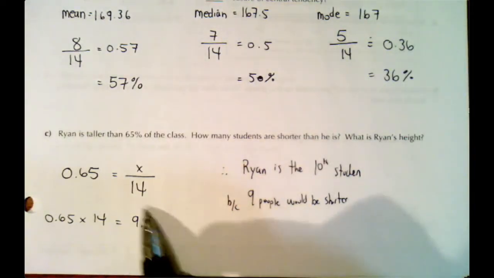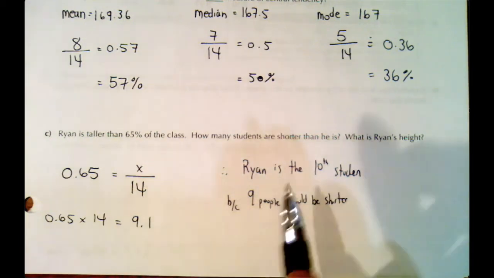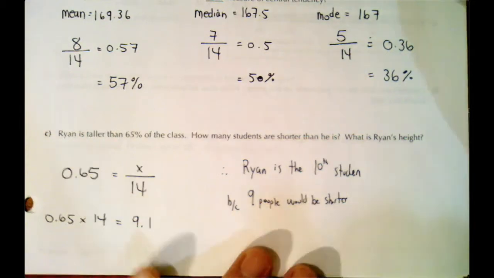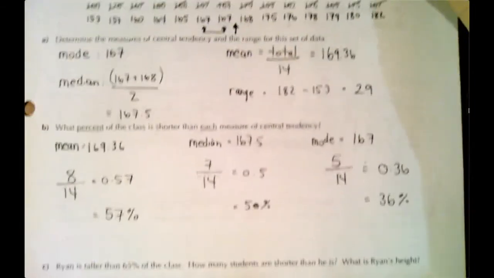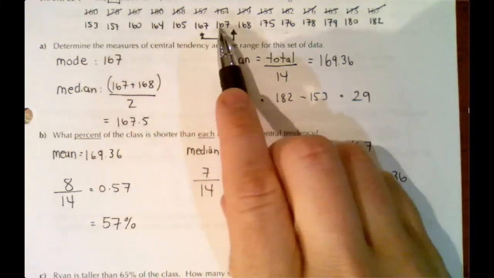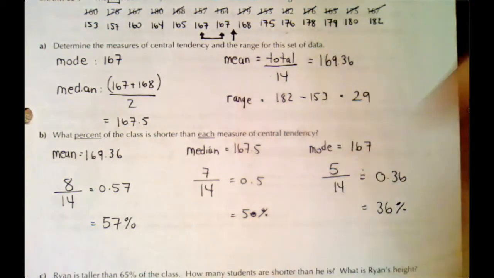So whatever we get from multiplying by how many people there are, we would round up, and that's the person Ryan is. So if we go look in our list and count to the 10th person, 1, 2, 3, 4, 5, 6, 7, 8, 9, 10. Ryan is 176 centimeters.